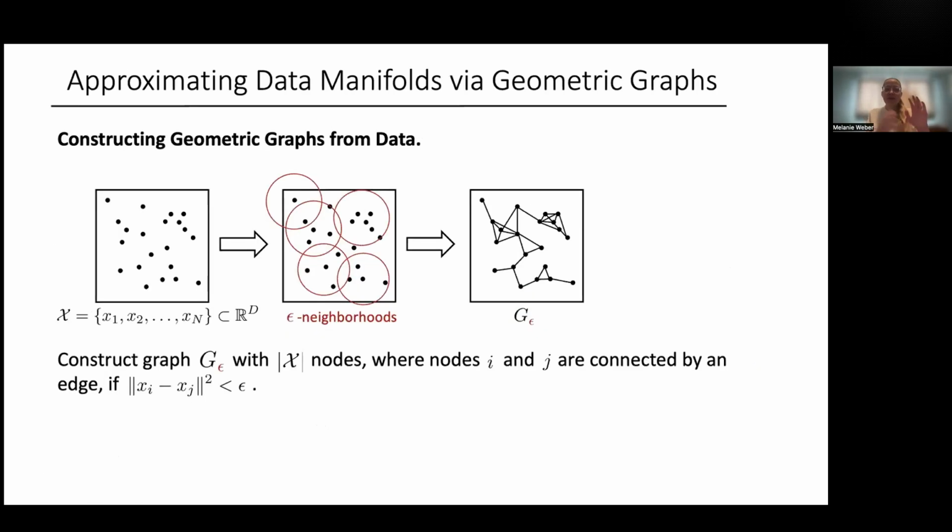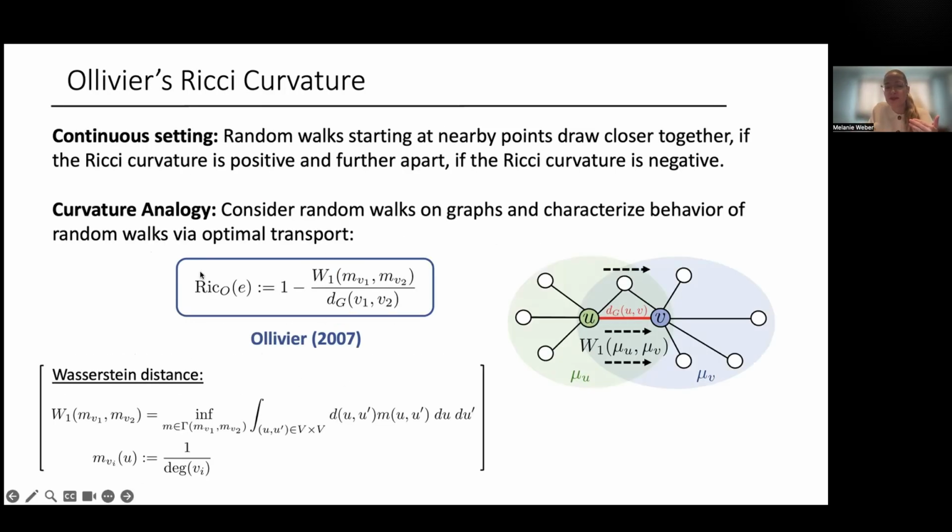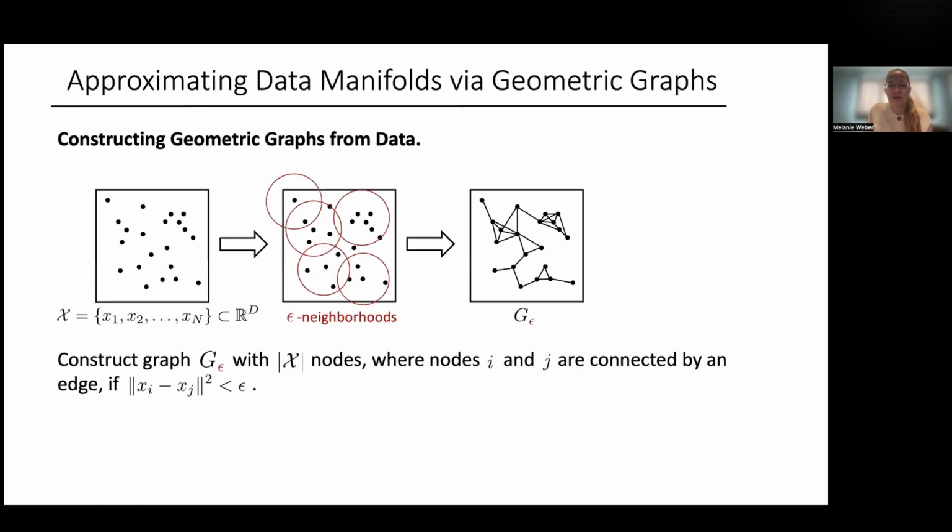Okay, so let me briefly, since we're talking about data manifolds, so sort of going from the discrete to the continuous setting, let me say a little bit more about how we can model that, which is also what we want to use later on in the talk. And then also how this notion of Ricci curvature that we defined here relates to the sort of actual or classical Ricci curvature on a manifold.